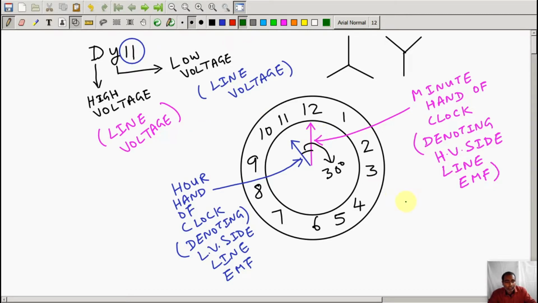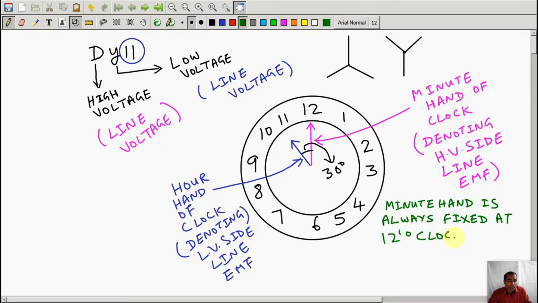The minute hand is always fixed at the 12 o'clock position. So this is something which is obviously not there in an actual clock. It is deviating from the actual clock behavior.